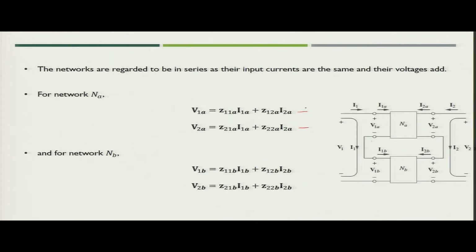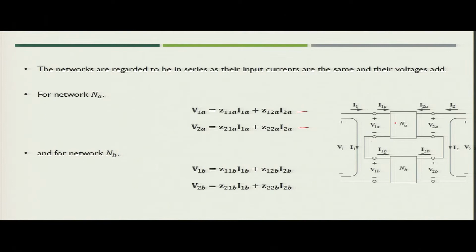Similarly, for the second two port network, NB, we can write V1B equal to Z11B I1B plus Z12B I2B, and V2B equal to Z21B I1B plus Z22B I2B.